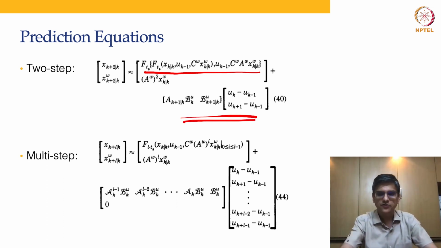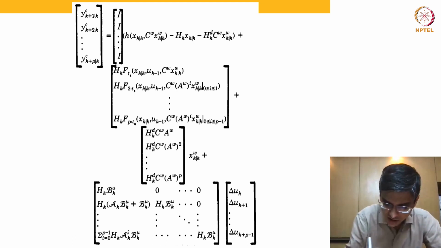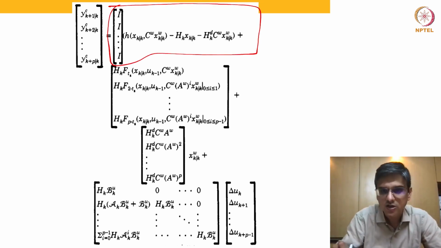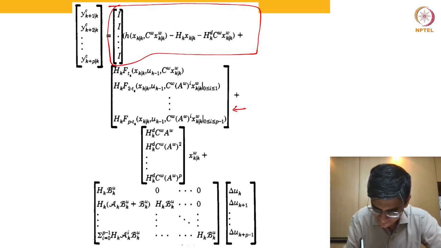Okay, so this is for 2 steps, then multi-step, and so on and so forth, and you can build a model of this nature. So this is kind of the non-linear component, I think. No, this is not the non-linear component. This is the non-linear component.